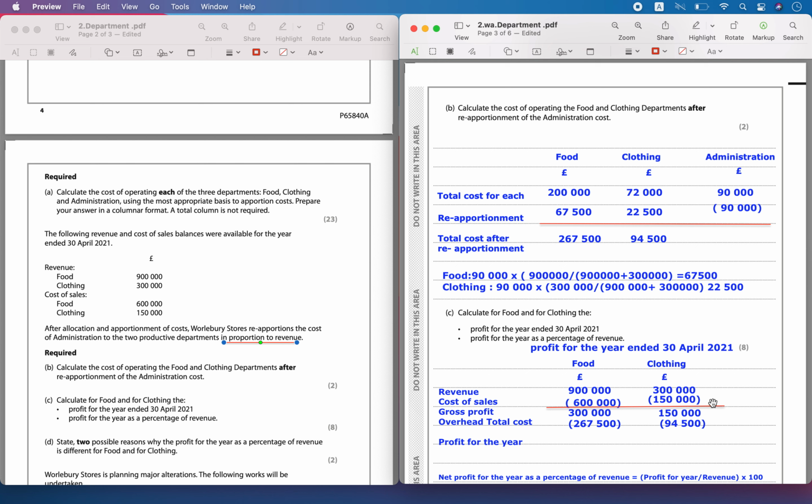It is 300,000 minus 267,500, that is 32,500, and for the clothing 150 minus 94,500, it is 55,500.